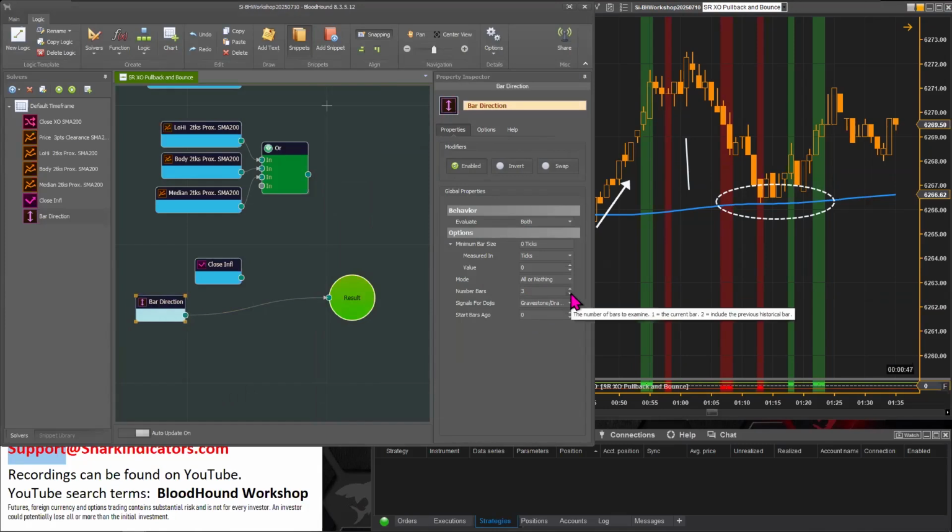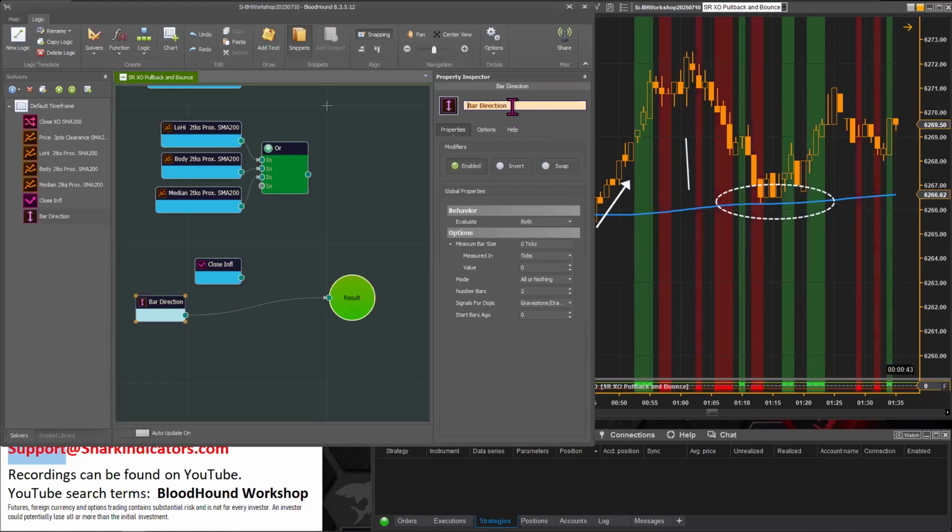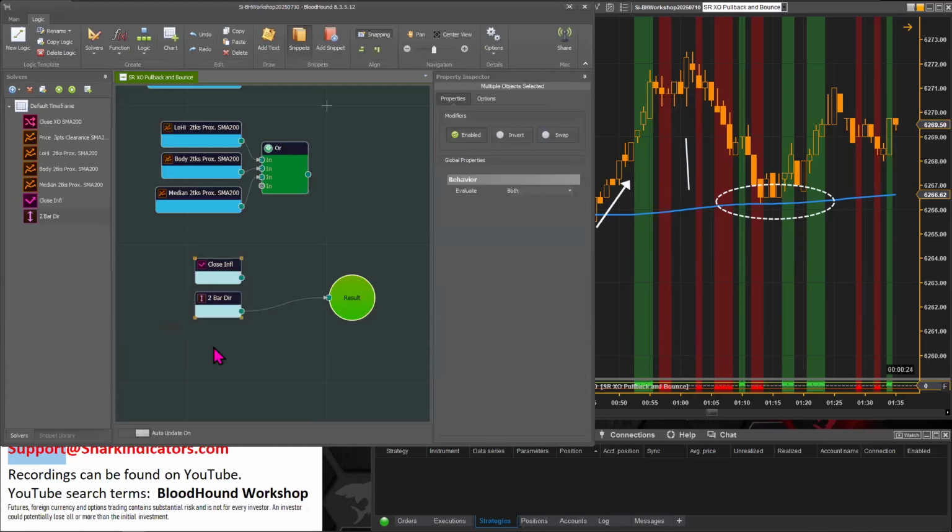So let me finish setting up this bar direction. There we go. I'm going to leave this as a 2-bar direction.